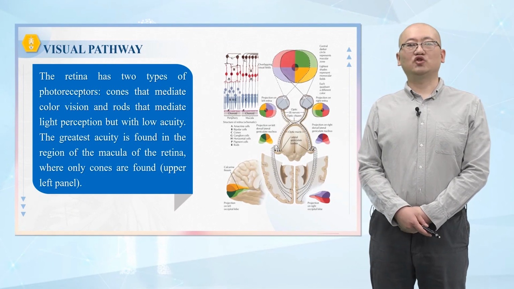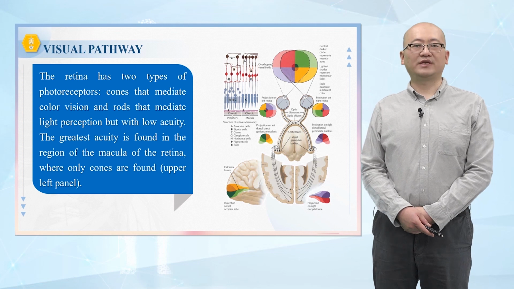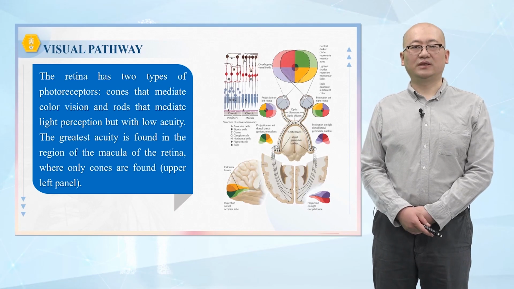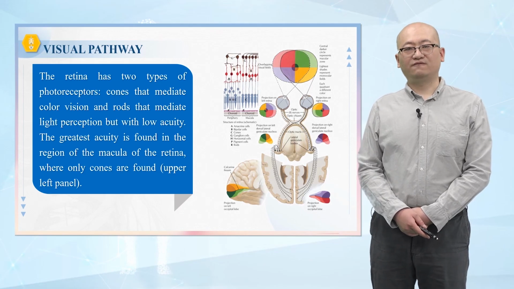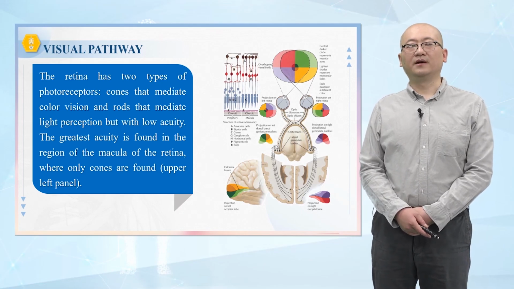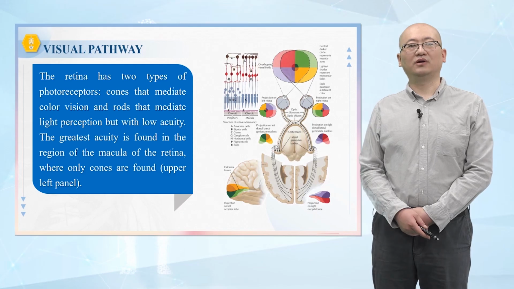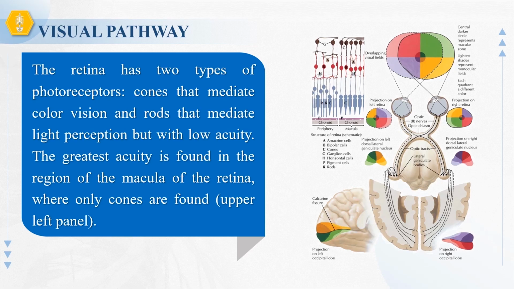The retina has two types of photoreceptors. The cones mediate color vision, and the rods mediate light perception, but with low acuity. The greatest acuity is found in the region of the macula of the retina, where only cones are found. The visual signals are conveyed by ganglion cells whose axons make up the optic nerve.